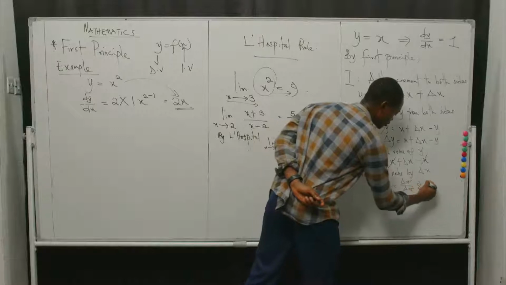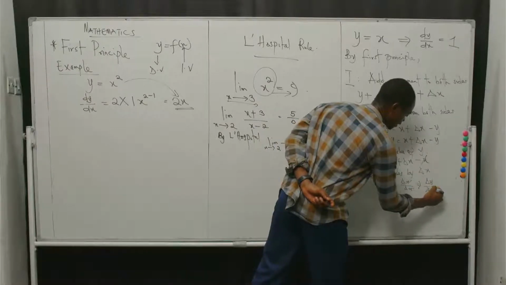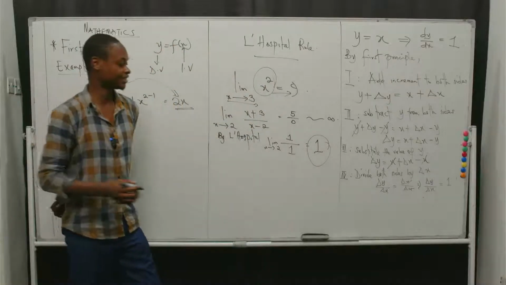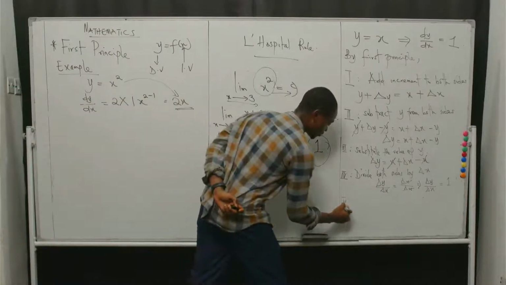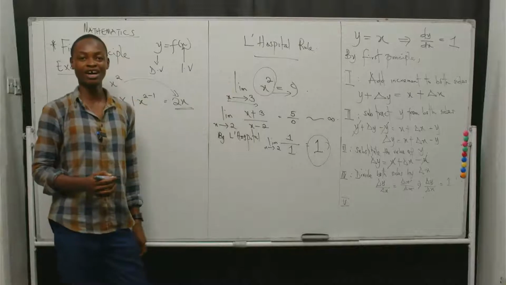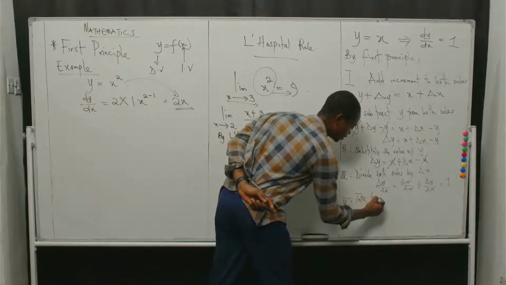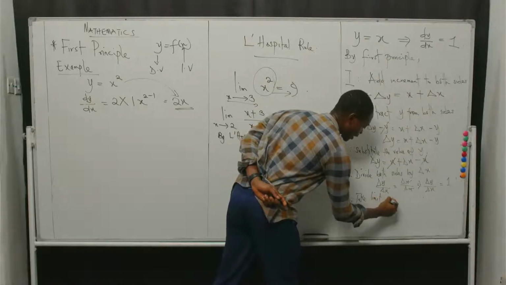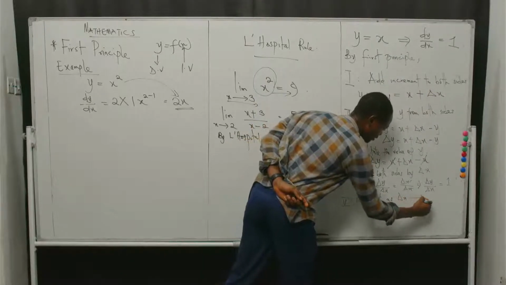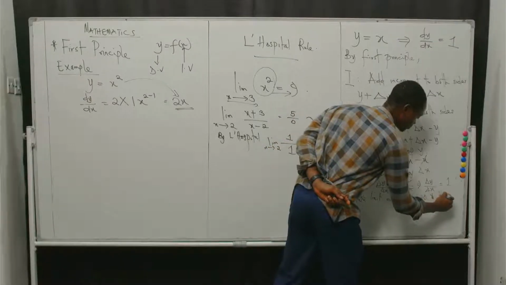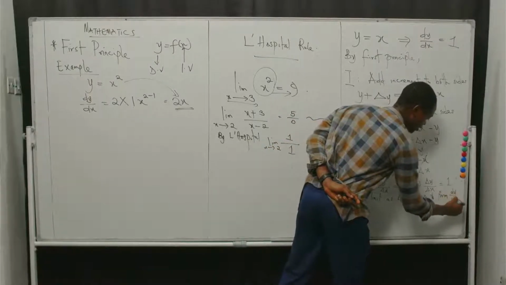So this means that delta y over delta x is equal to 1. And then, icing on the cake, we evaluate the limits. Take limits as delta x tends to 0 to form dy dx.